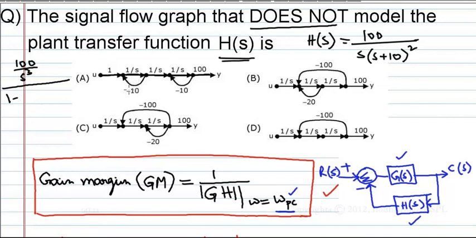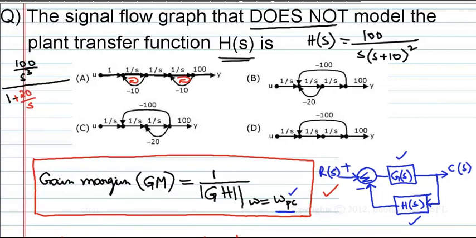The individual loops are minus 10 by S and minus 10 by S, so the sum is minus 20 by S. Therefore this is plus 20 by S.